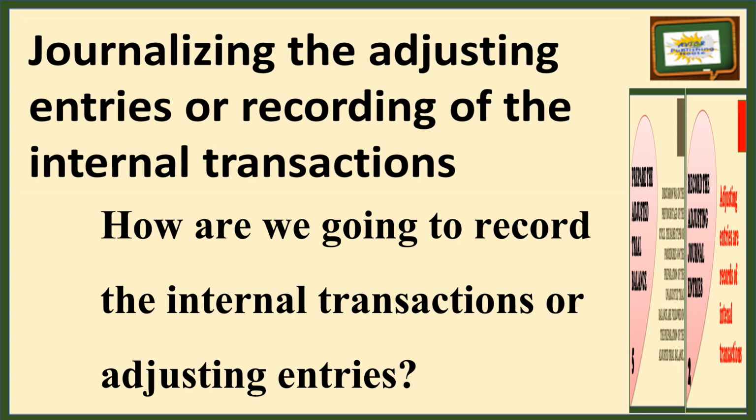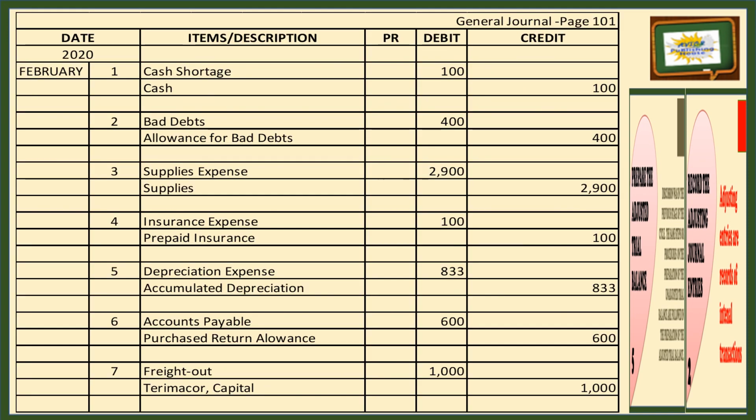We are going to enter one by one each item in the adjustments found in the worksheet to the general journal and post them to the ledger. So these will be the adjusting entries.